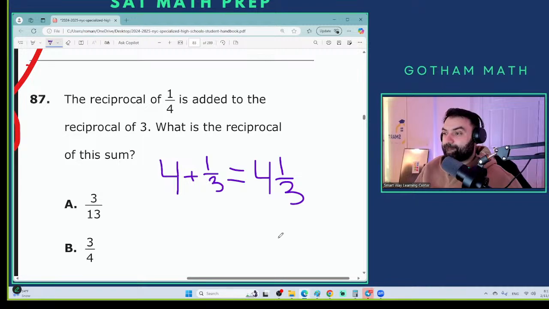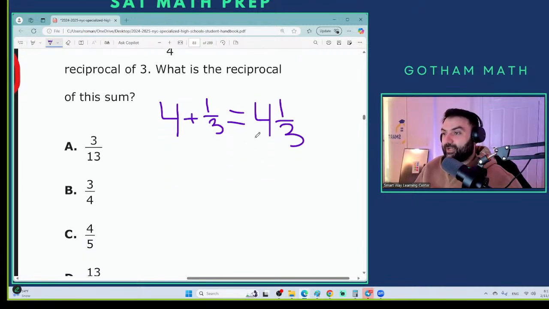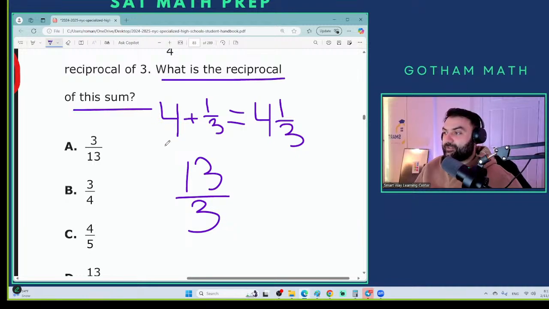You're going to make it into an improper fraction. What's the improper fraction there? 13/3. Now find the reciprocal of it, which is 3 over 13. 3/13. That's also a 10-second question.